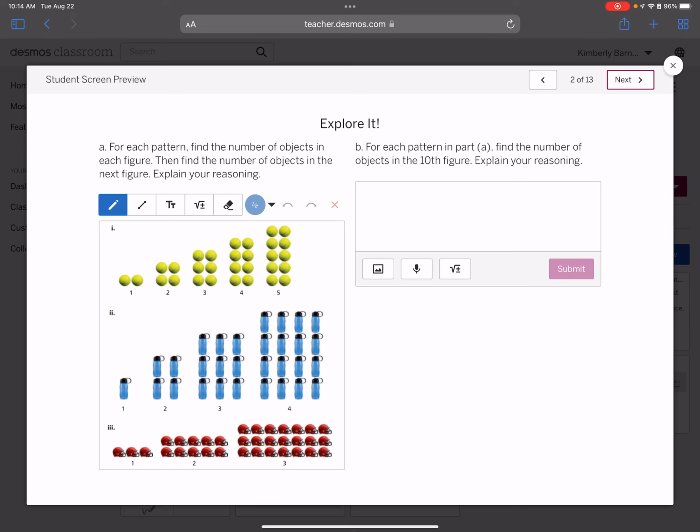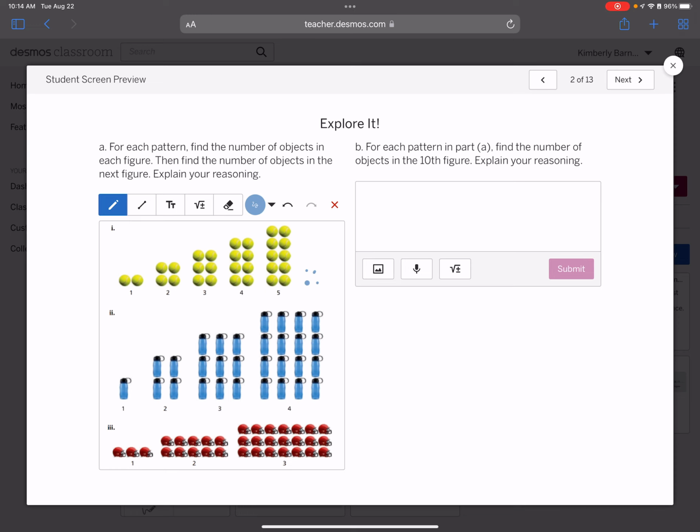All right, so you should have worked on this problem and then talked to your partner about it. Hopefully what you noticed, for part A, is that we're looking at each pattern, figuring out what's going on each time, and then figuring out what would come next. So in the first pattern, we noticed that each time we're adding a row. So we always have 2 columns, but then we're adding a row.